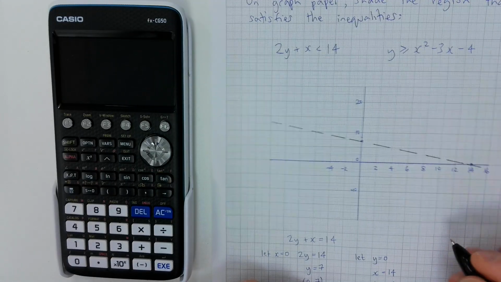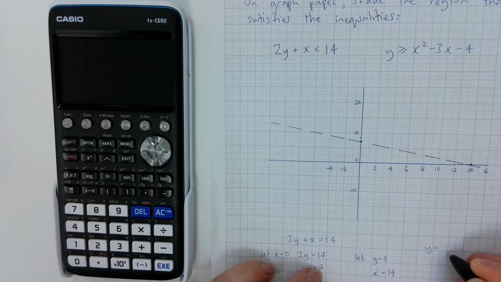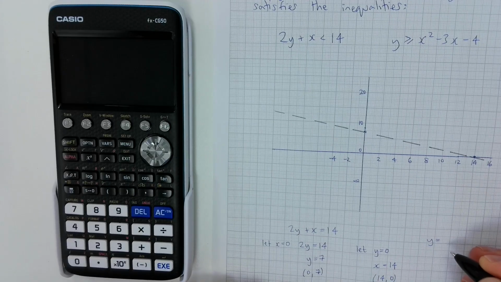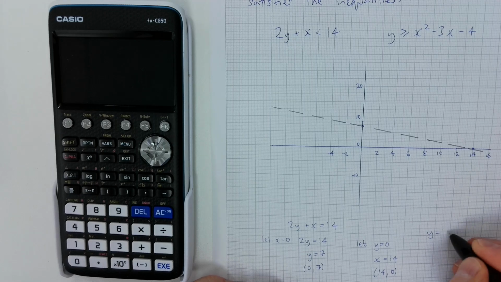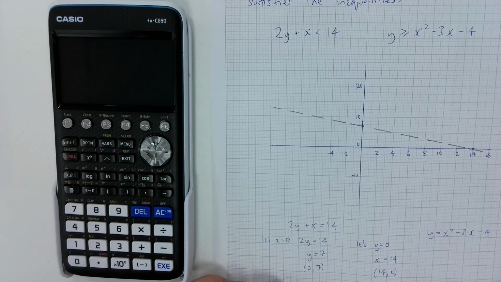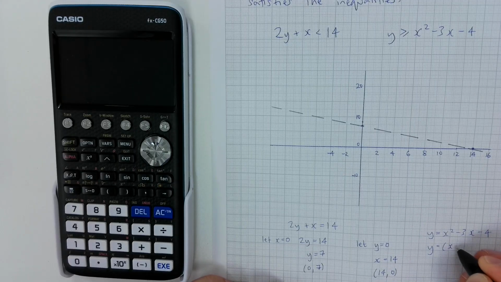Okay, so let's do the next one. Again, without a calculator. So this time we're looking at the quadratic. Let's do it in the right corner there. So y equals x squared minus 3x minus 4. And then we can factorize it. So it should be minus 4 and plus 1.